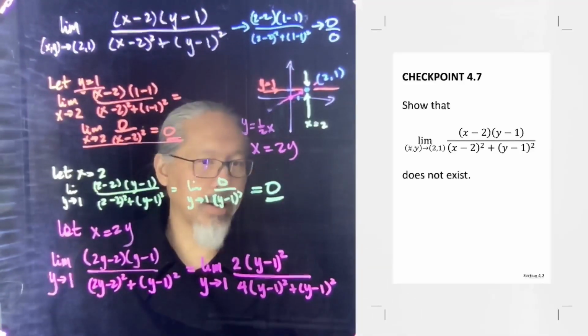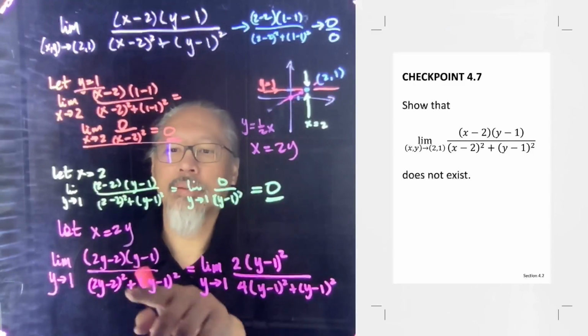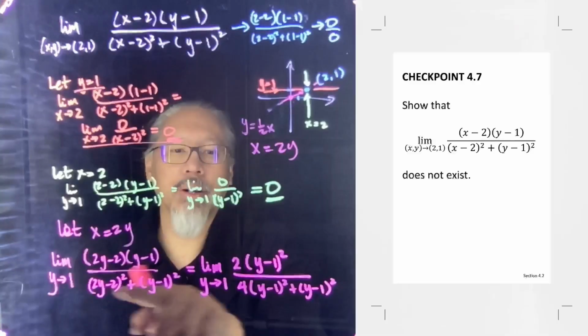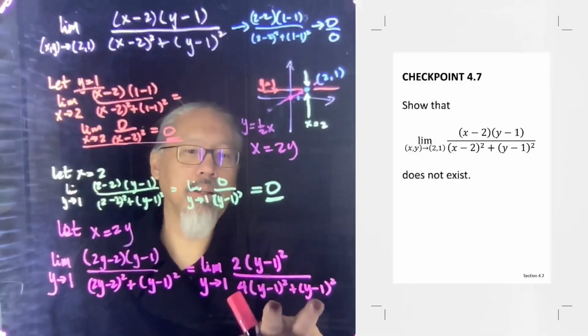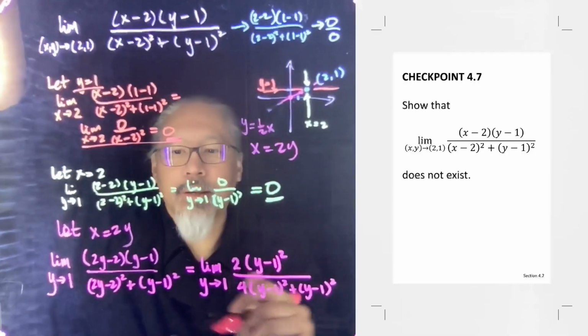So I factored out a 2 squared, that's a 4, and then there's y minus 1 squared here. There's 4 of them here, and there's 1 of them here, so that's 5 of them.